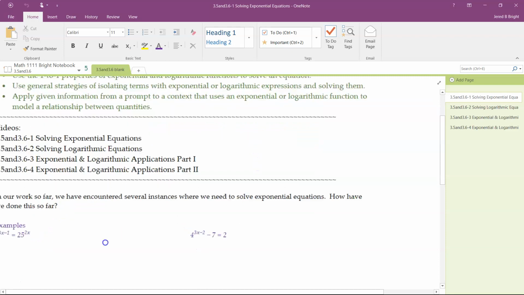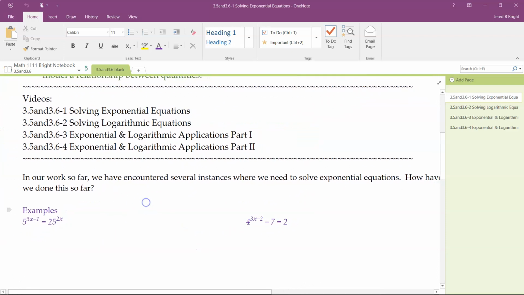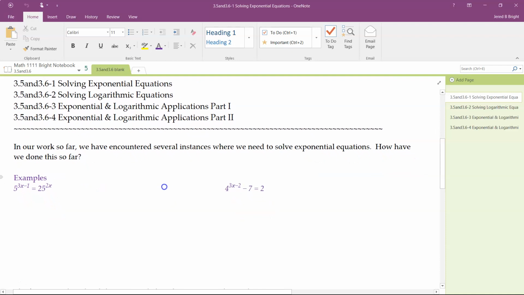We've seen examples like this, where we have 5 to the 3x minus 1 is equal to 25 to the 2x. To solve this, we recognize that 25 is really the same as 5 squared, so we can write the right-hand side as 5 squared to the 2x, and the left side is still 5 to the 3x minus 1.